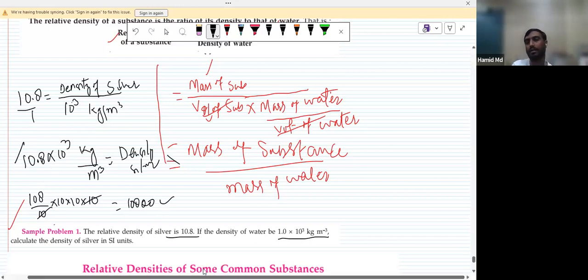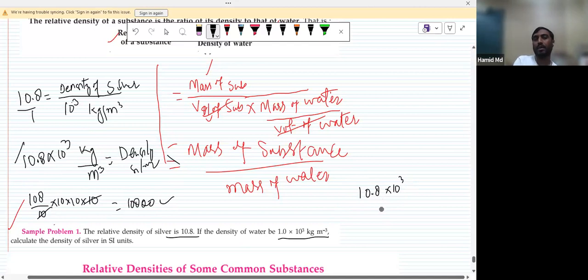But if you want to sound a little bit more scientific, what we do is write 10.8 into 10 to the power 3. I'm leaving the units.